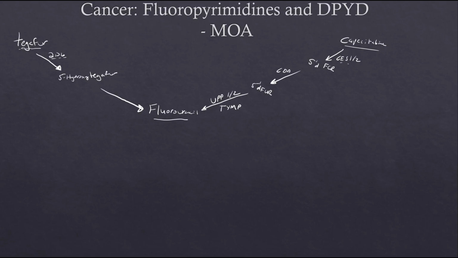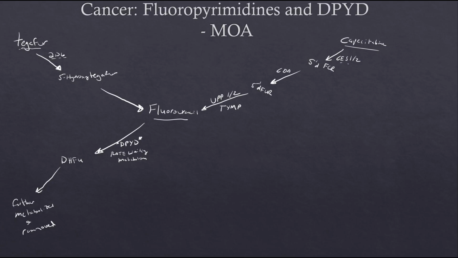So then let's take a look at what happens to this common metabolite between all three drugs, or the actual drug 5-fluorouracil, in terms of the metabolism and the mechanism of action. On one path here, 5-fluorouracil is metabolized by the gene in question that we're talking about in the CPIC guidelines, which is dihydropyrimidine dehydrogenase.